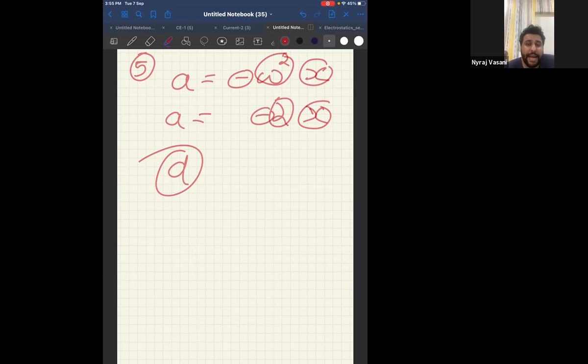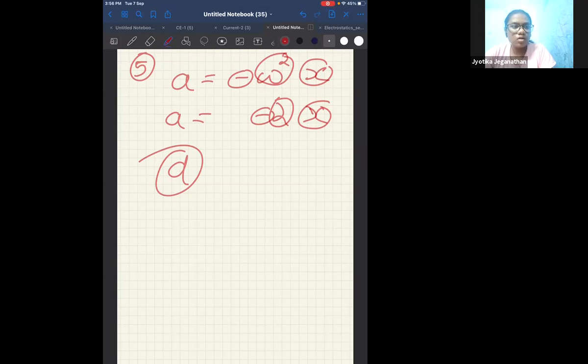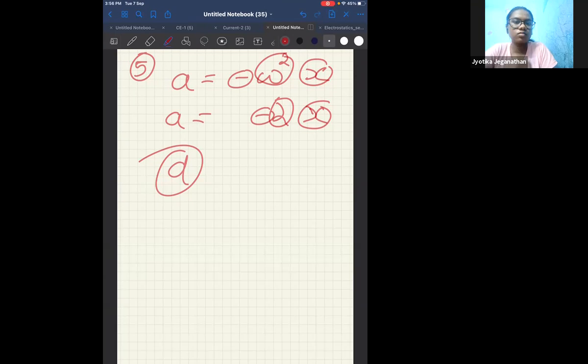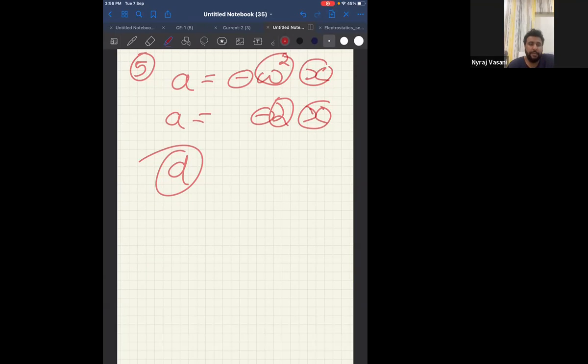Now, in that, look at the acceleration graph. What is the acceleration graph? Sine, minus sine, cos, or minus cos? Let me know. Negative cosine. Now, everyone come to question number 6 in your module.